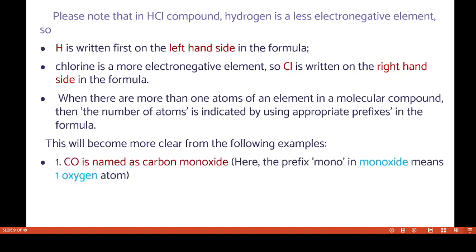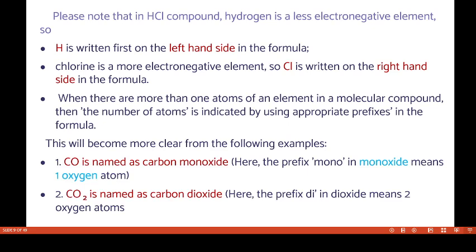Now, CO is named as carbon monoxide. Here the prefix mono in monoxide means one oxygen atom. CO2 is named as carbon dioxide because of two oxygen atoms.